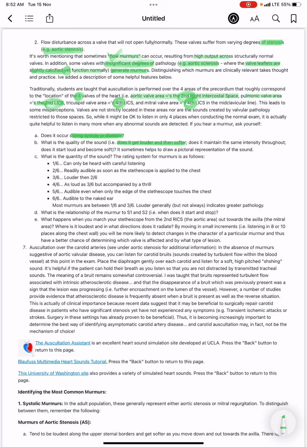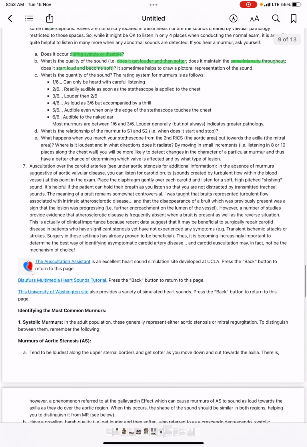Does it start loud and then become soft? It sometimes helps to draw a pictorial representation of the sound.